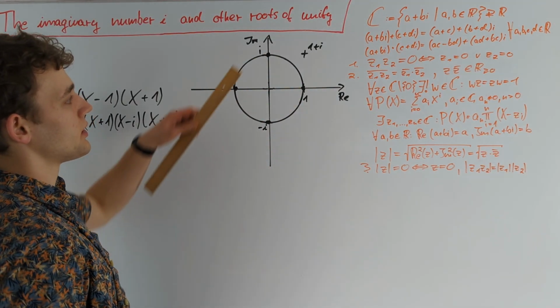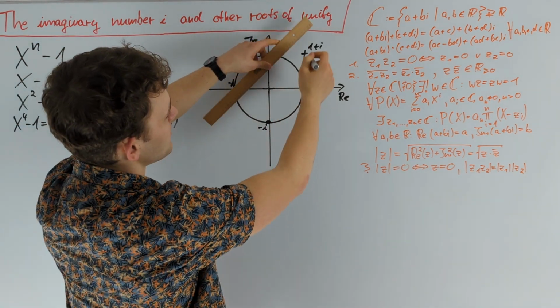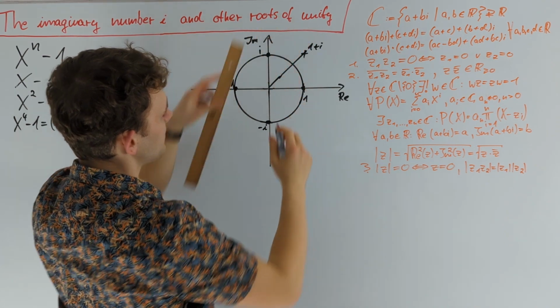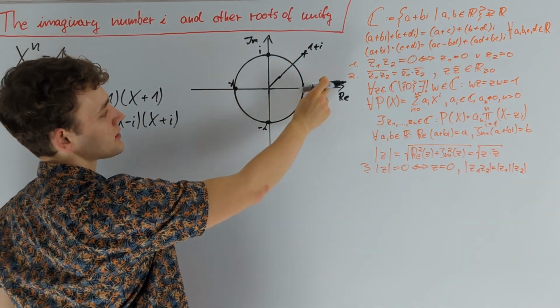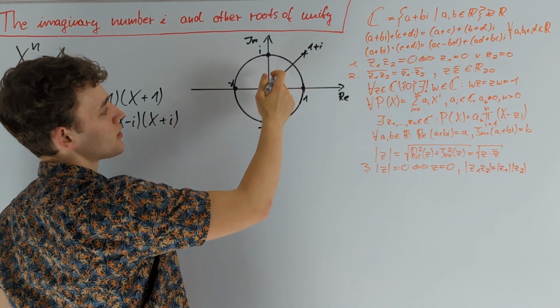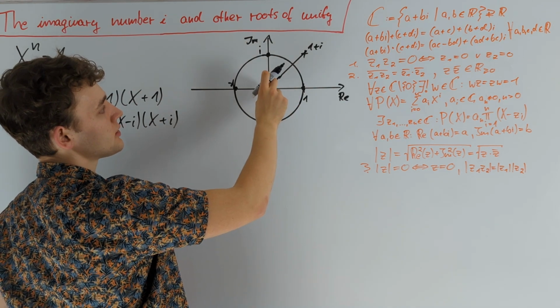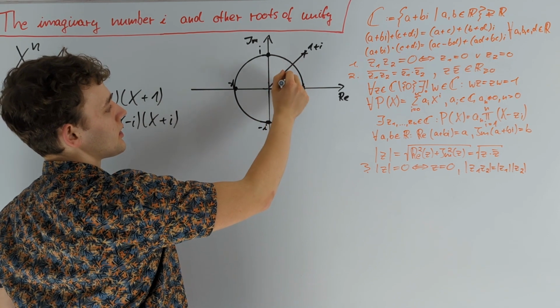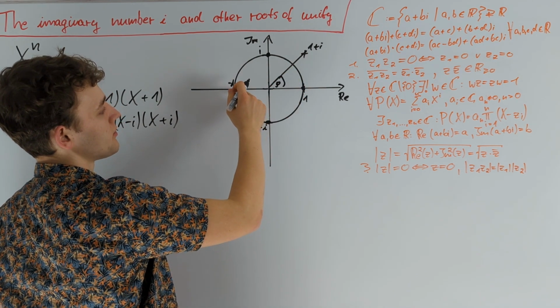To do that, we define the argument of a complex number, take for example 1 plus i, to be the counterclockwise angle starting from the real axis towards the ray through the origin and the point associated with z in the interval from minus pi to pi.